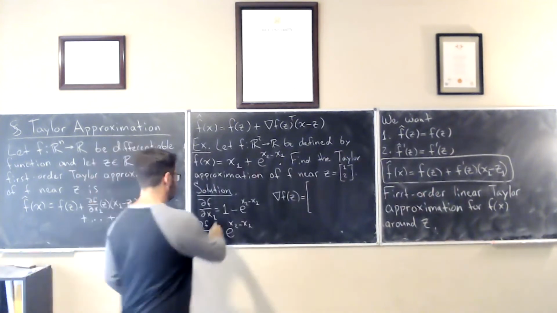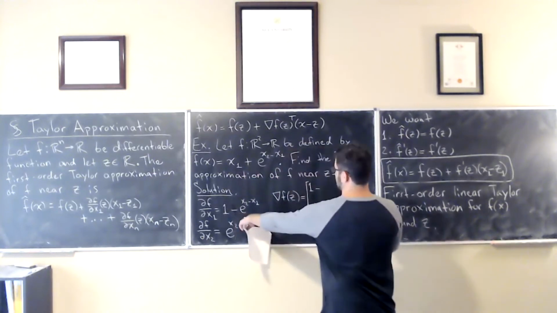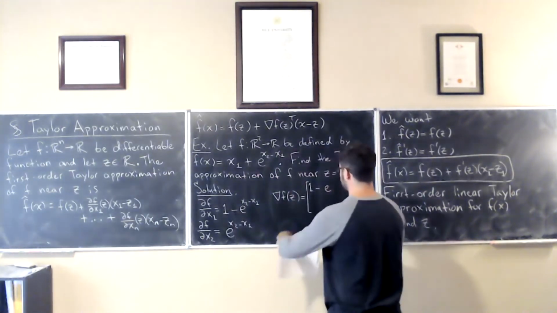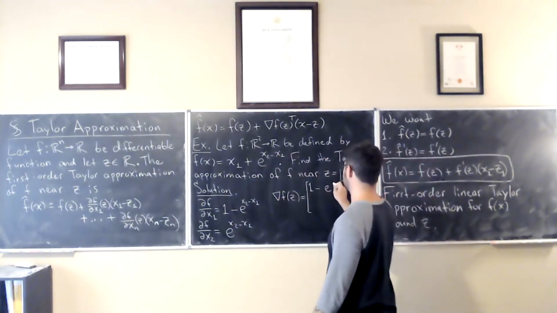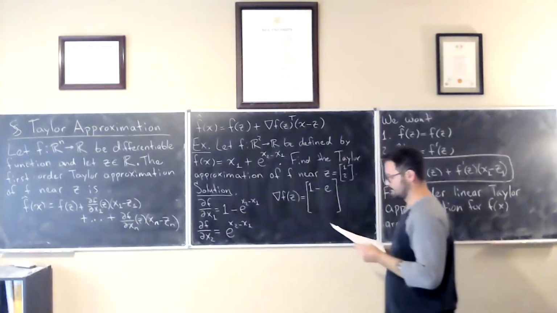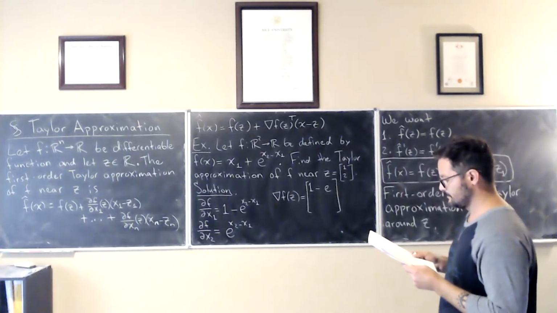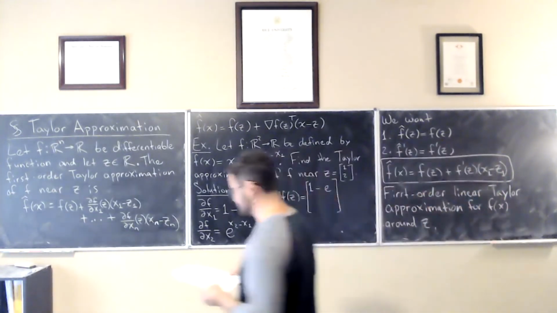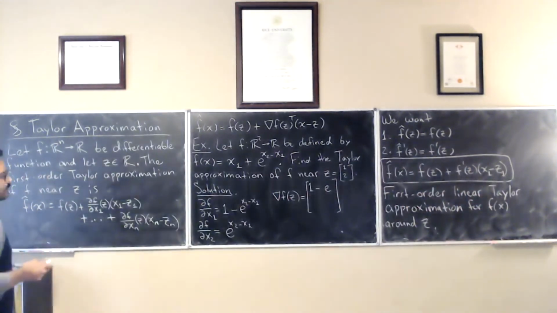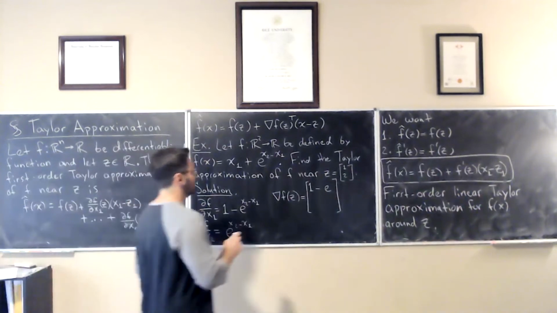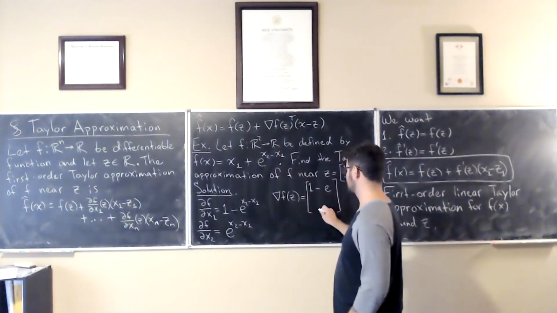So this will be 1 minus e to the power x2 minus x1, so x2 minus x1 is just 1, right? I think I did that right. And in the next entry, it's just going to be e to the power 2 minus 1, so just e.